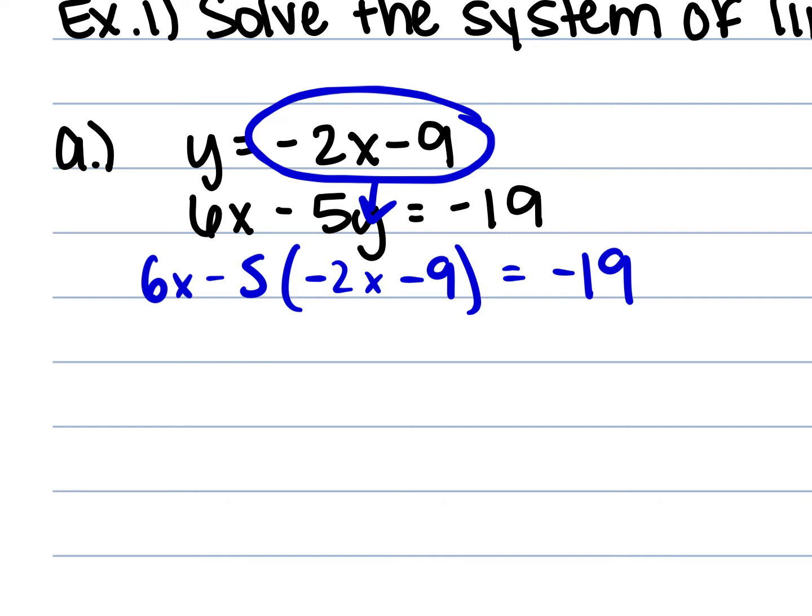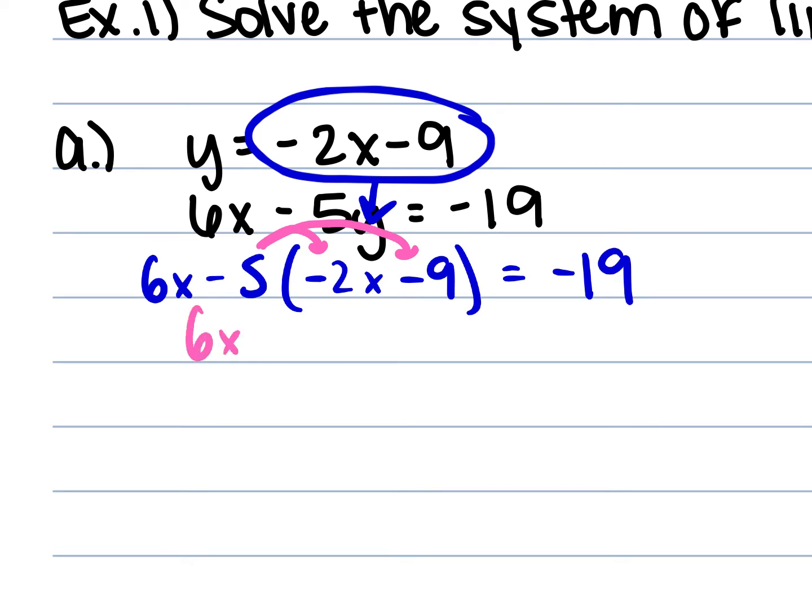This is where we use stuff that we learned on Friday in R9. So how could I solve this equation for x? What can I do first? Multiply. So I'm going to distribute the negative 5 to both things inside the parentheses.